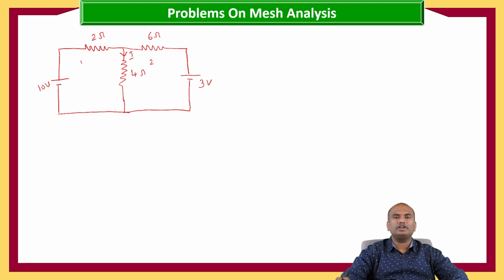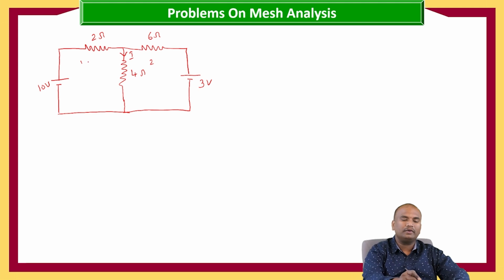For all the loops, we have to consider one direction so that it is easy to write the Kirchhoff's voltage law. So here I am considering that the current is in the clockwise direction. This is the current direction.